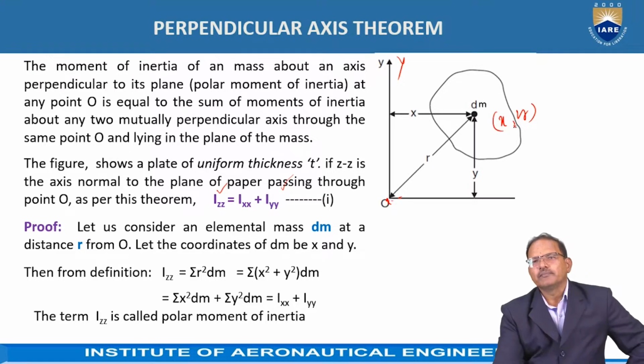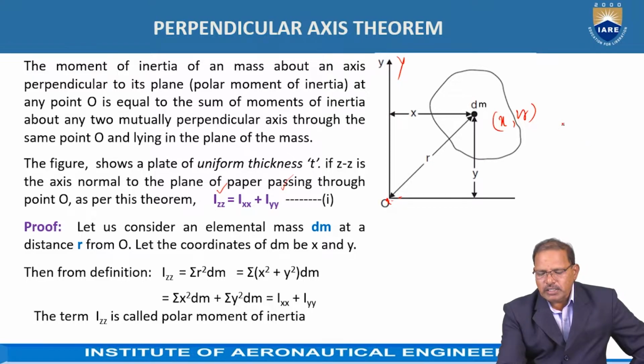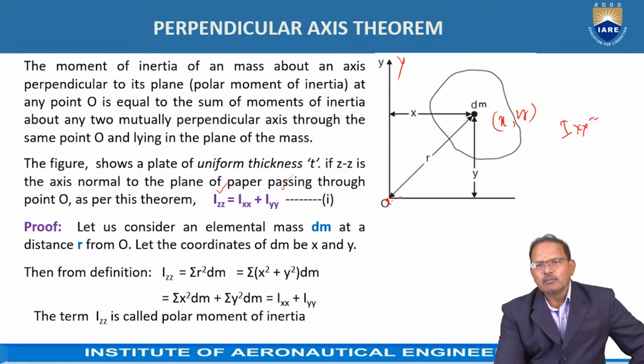Let Ixx represent the mass moment of inertia of the body about the x-axis, Iyy the mass moment of inertia about the y-axis, and Izz the mass moment of inertia about the z-axis.